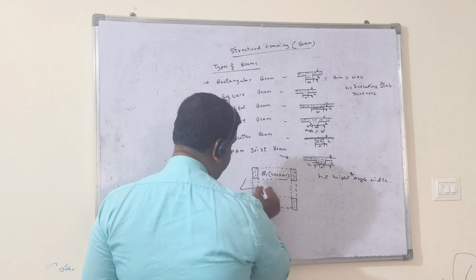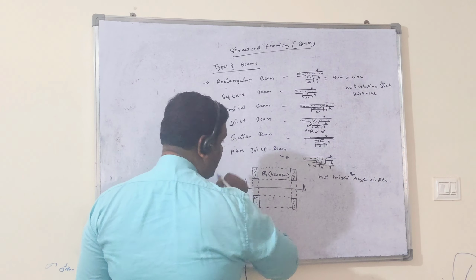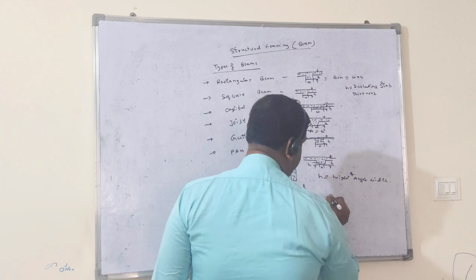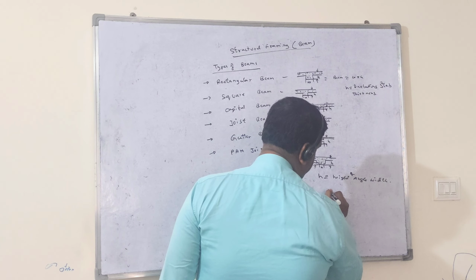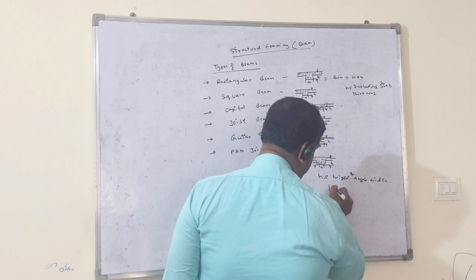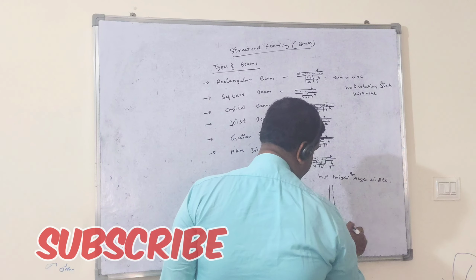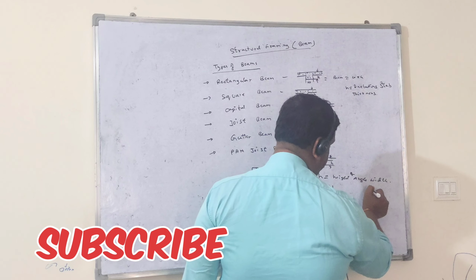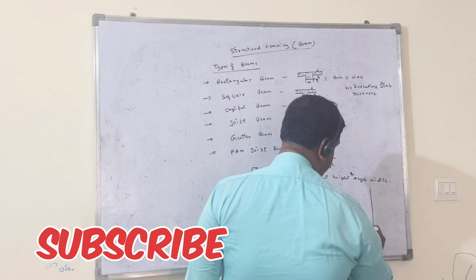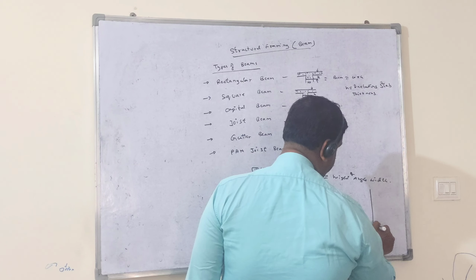But if you cut this in section view, how is it going to look? It will look like this. Here there is a column, and below there is a foundation, the concrete foundation. Again here one more column, and there is a foundation below.